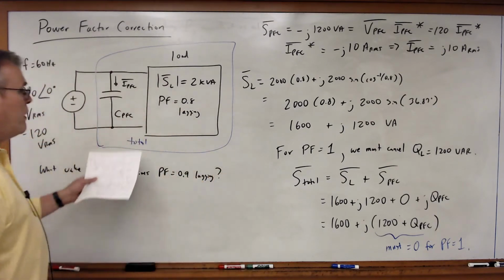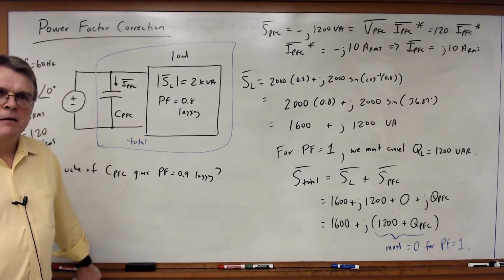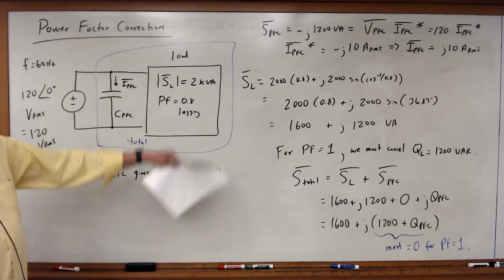In other words, what if we want to increase the power factor, but we don't need to set it to unity? We want to only partially correct the power factor. Let's go through and work that.